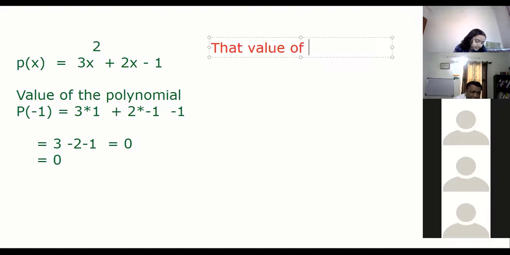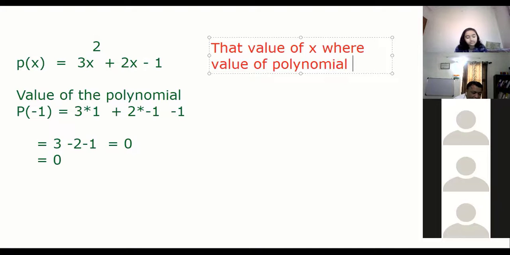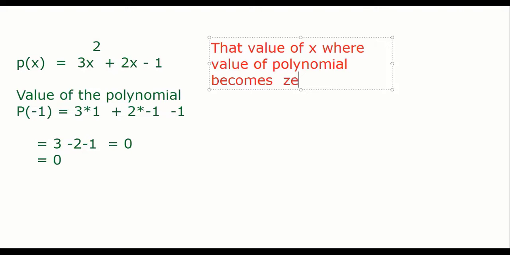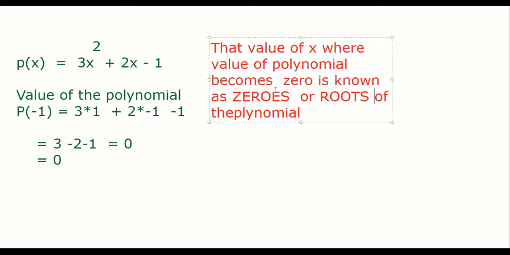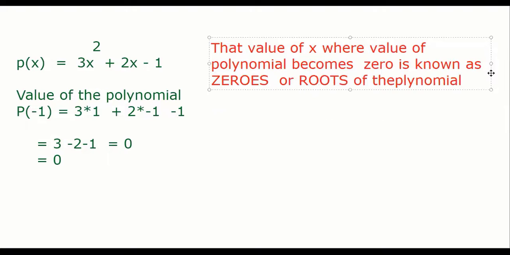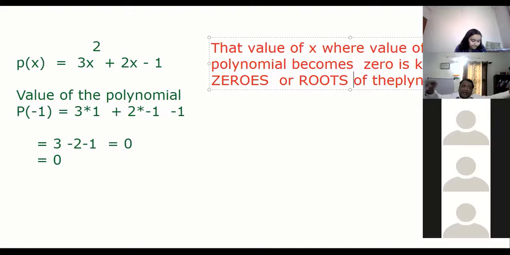That value of x, where the value of the polynomial becomes 0, is known as the zeros of the polynomial, or roots of the polynomial. What are the zeros of the polynomial? What are the roots of the polynomial? That value of x or that value of the variable where the whole polynomial becomes 0.